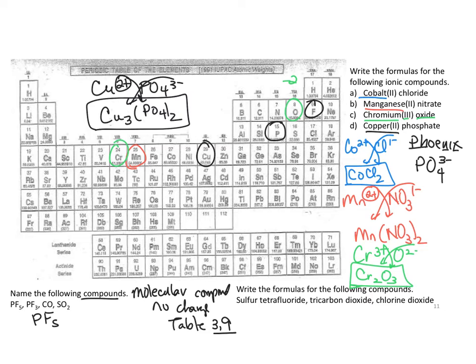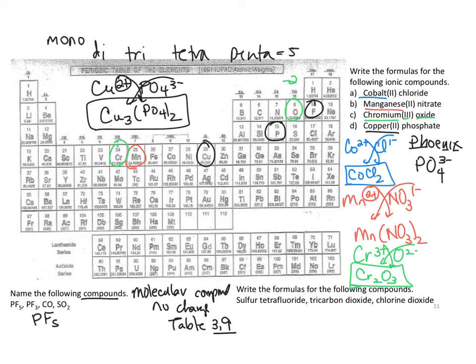And so we don't do mono for the first one. The second element, 5, if you look, it's penta. So you have mono for 1, di for 2, tri for 3, tetra for 4, penta for 5.